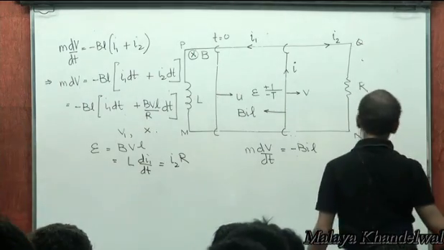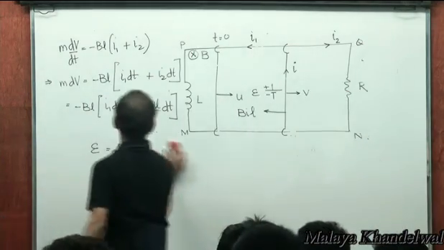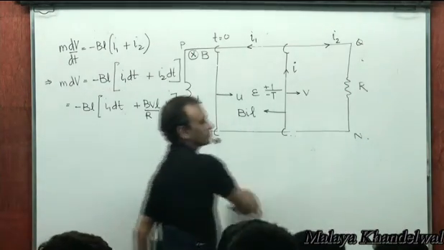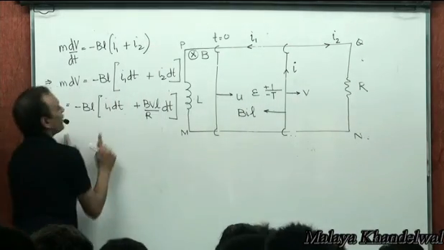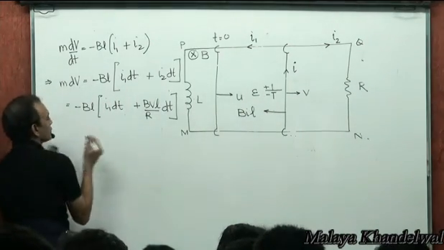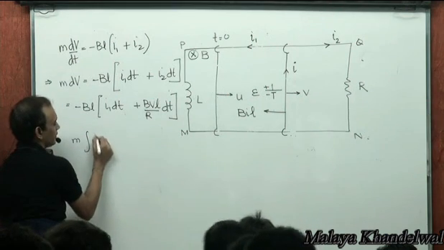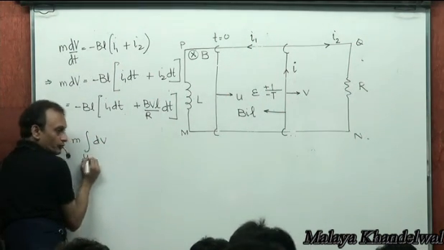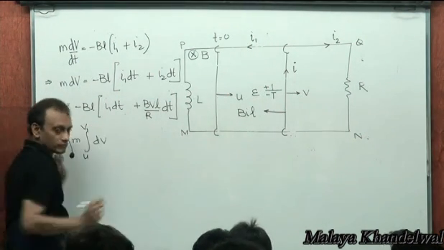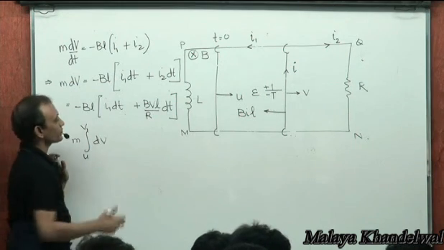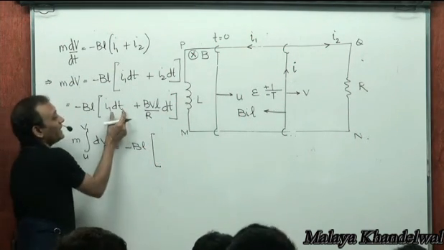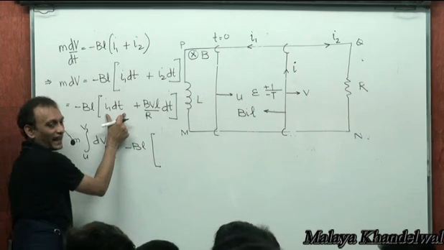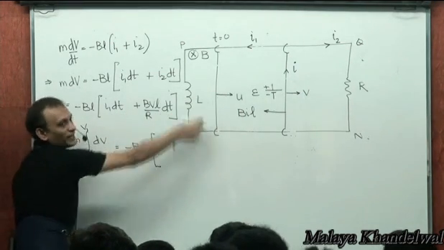Now if I integrate, m dv, v was initially u, to velocity becoming v1, as the problem says, is minus BL times, when I integrate I1 dt, I'll get the charge q that flows through the inductor element.